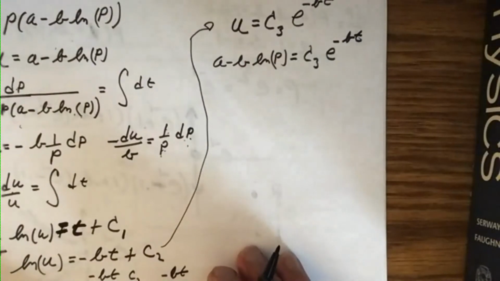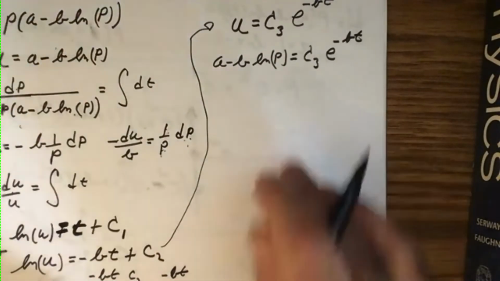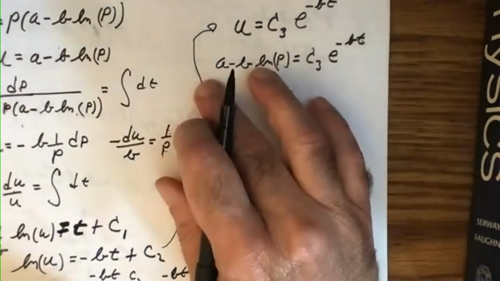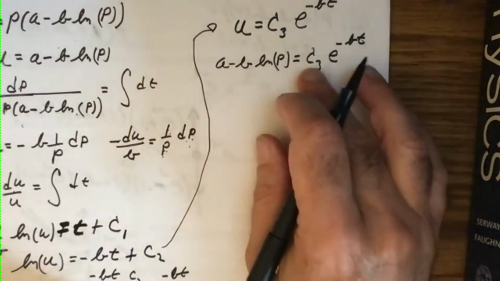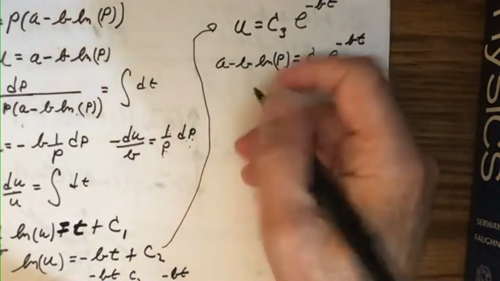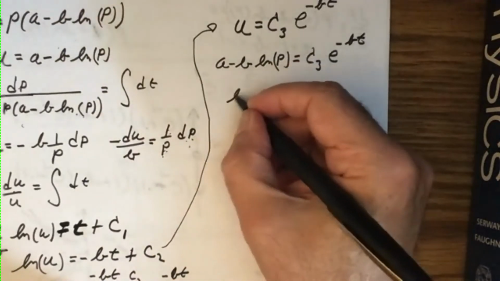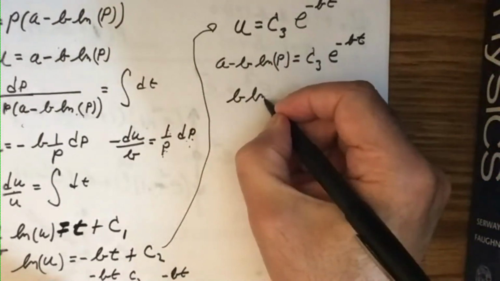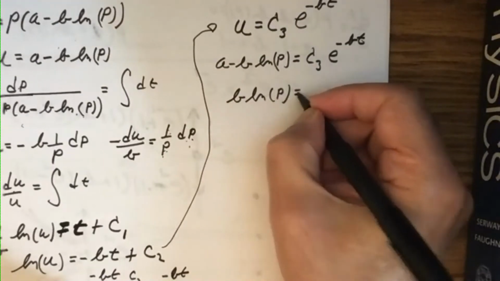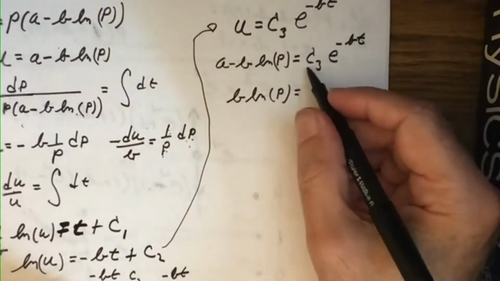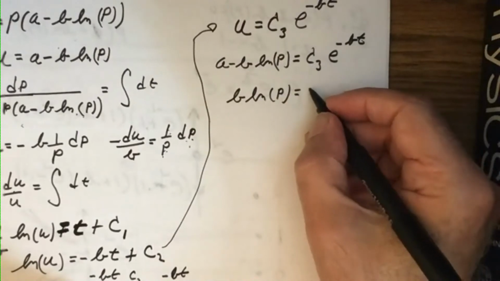Okay. All right. Now I want to solve this for p. What's the best way to solve this for p? I'll bring this over to this side, right? So let's see. I can write this as b times the natural log of p is equal to, let's see, this is going to be minus here.